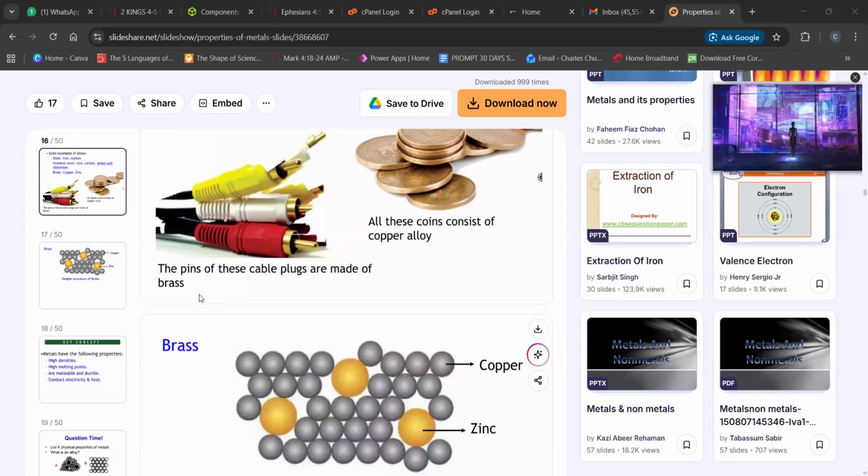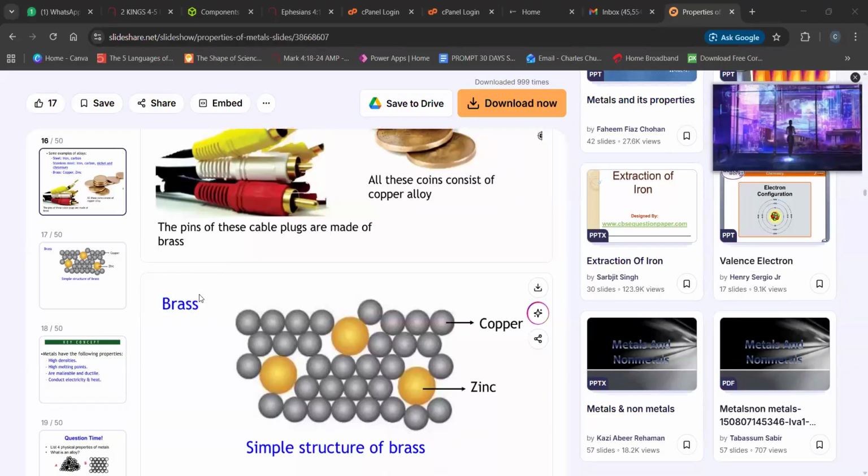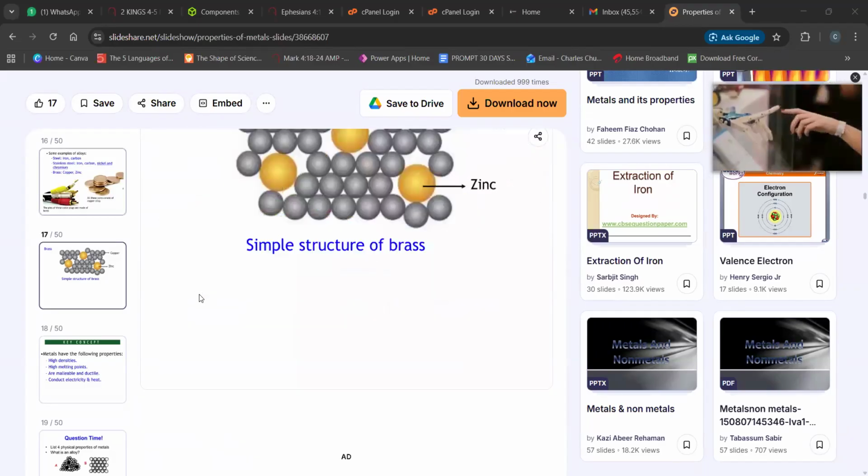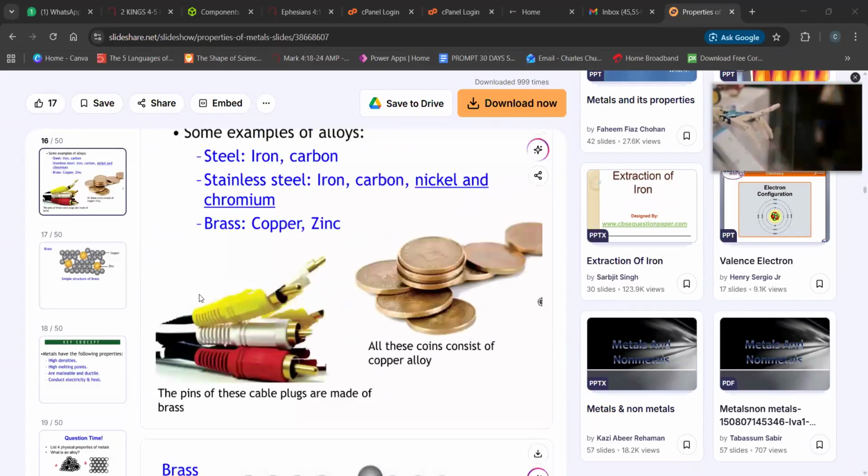Equally, the pins of those cables there are made of brass. You can tell that from the look. Take note, it's just the pins, but most likely the black part of the wire, the cable itself, is covering copper.